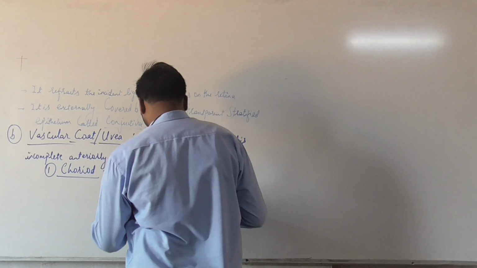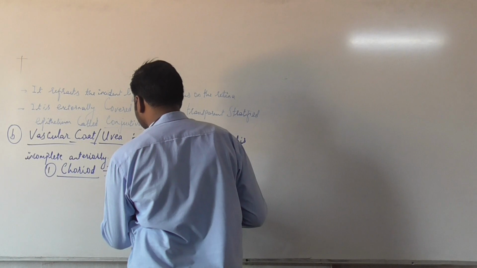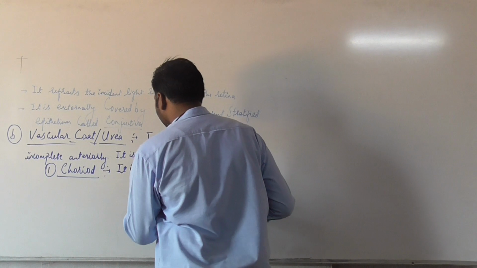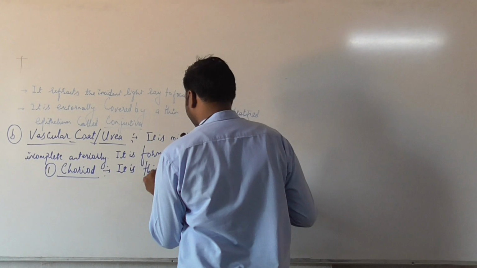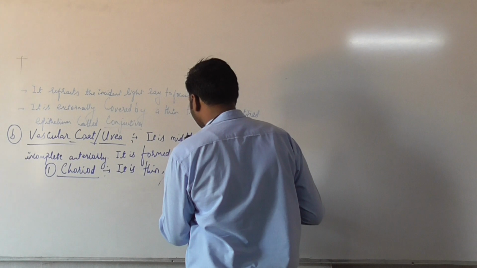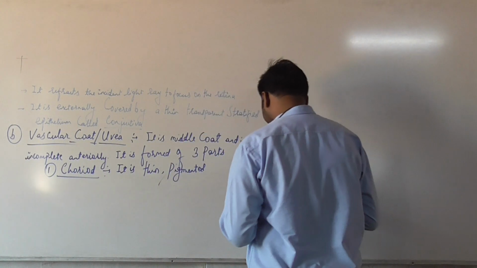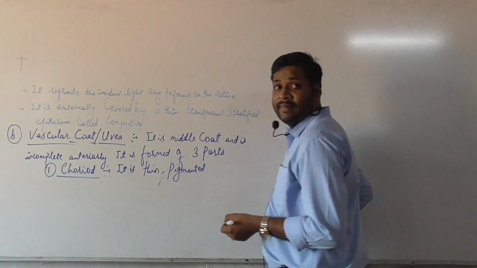Now, choroid is thin, pigmented. Which type of pigment? That is called melanin.